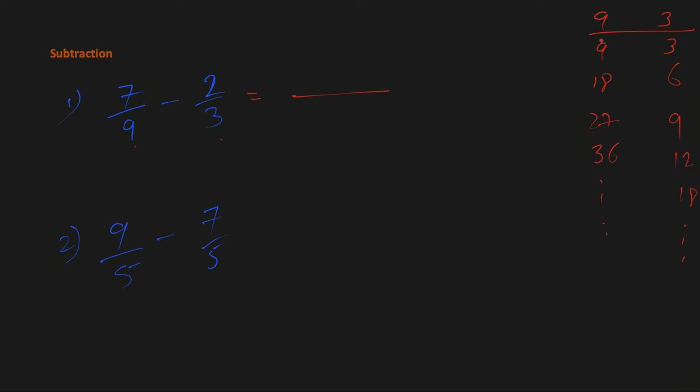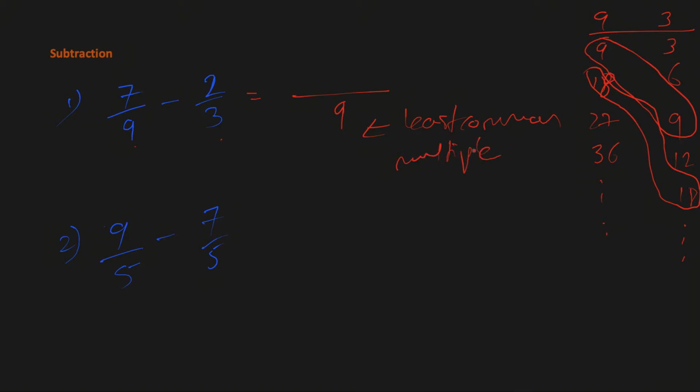We can see that 9 and then 18 are present in both 9's and 3's tables. And if you remember, whenever you find more than one number, always pick the smallest one. So we'll pick 9, and 9 is also called the least common multiple for 9 and 3.